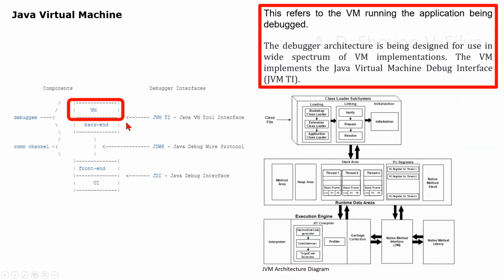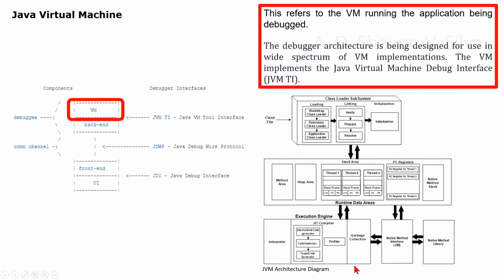Now we are focusing on the VM. This refers to the VM running the application being debugged. The debugger architecture is being designed for use in a wide spectrum of VM implementations. The VM implements the Java virtual machine debug interface, JVM TI.